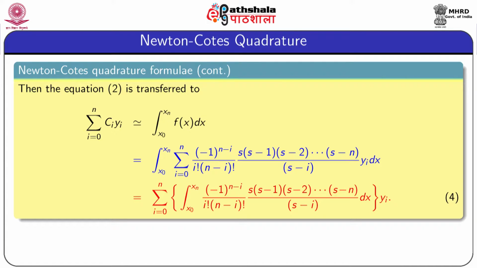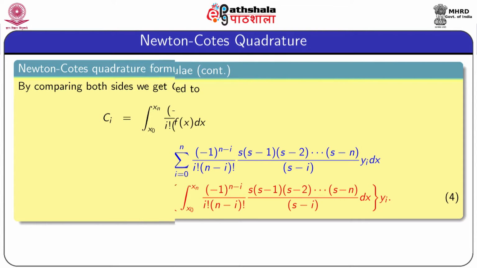The variable x is given, but the integrand is written in terms of s, and equation 4 is obtained by interchanging the summation and integration. After interchanging summation and integration, we get equation 4, which gives the modified form.